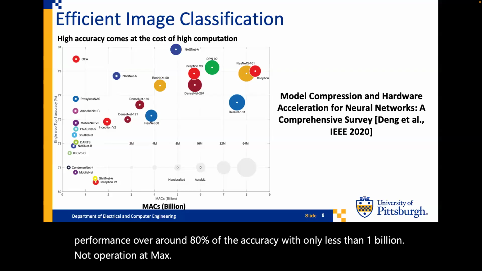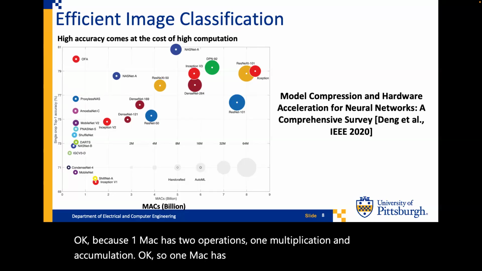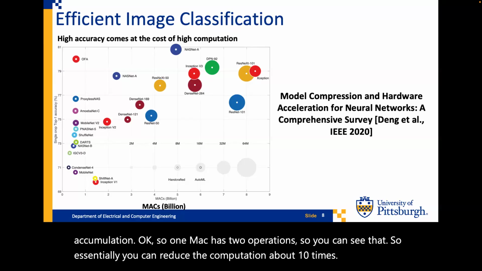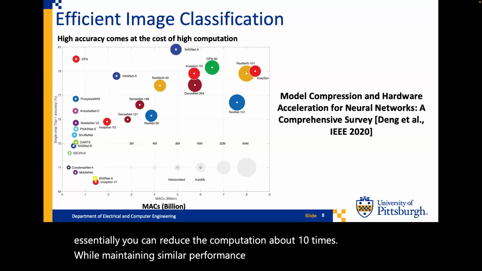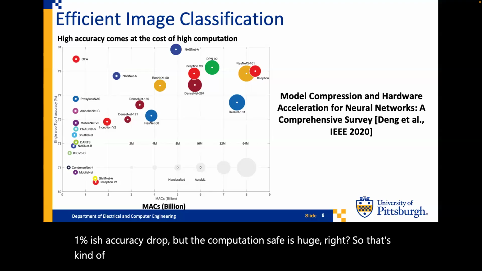Because 1 MAC has 2 operations, 1 multiplication and 1 accumulation. So essentially, you can reduce the computation about 10 times while maintaining similar performance. Of course, you still have about a 1% accuracy drop, but the computation savings are huge, right? So that's the kind of thing we are looking at.